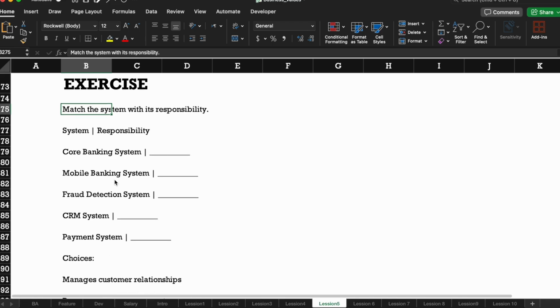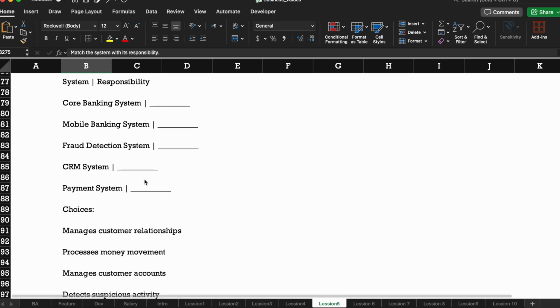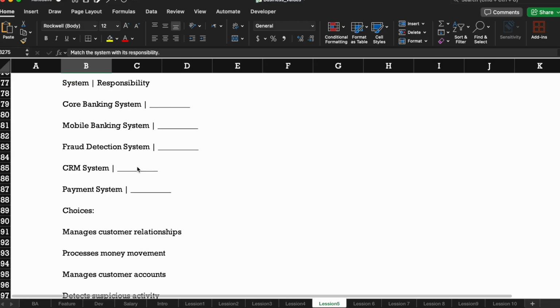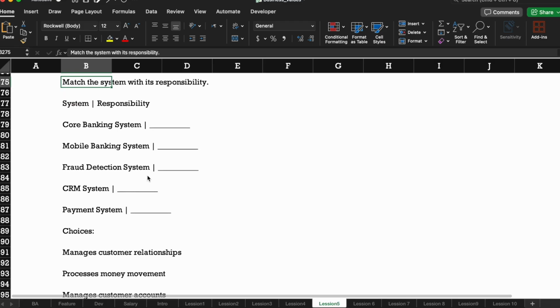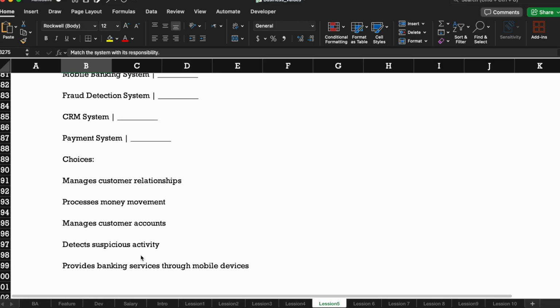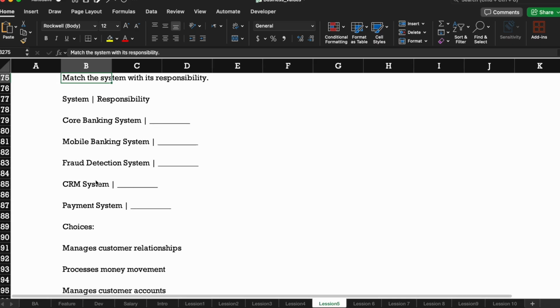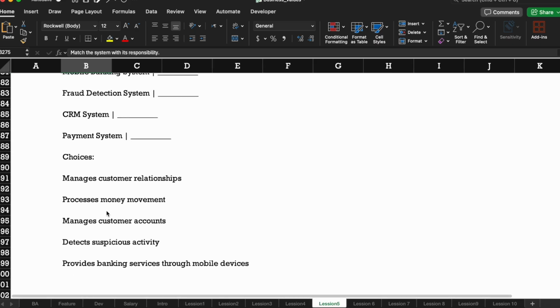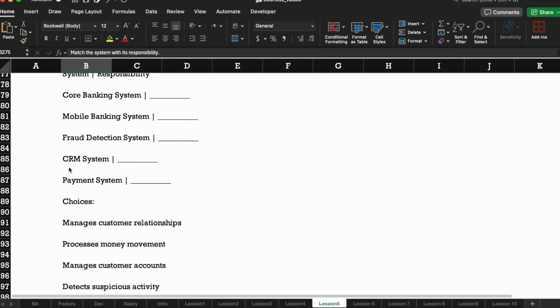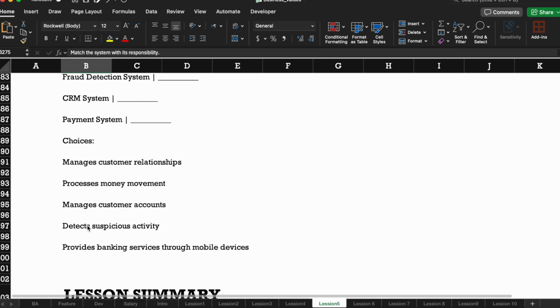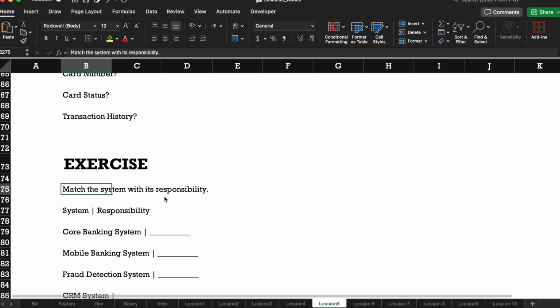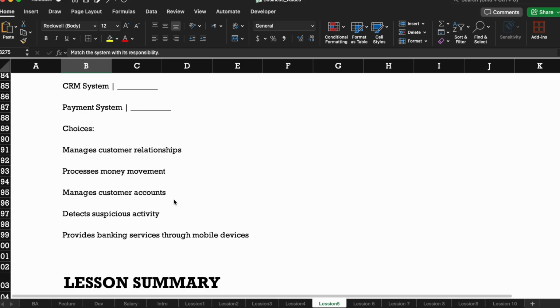What's the answer here? Mobile banking, you can find the right choices here. Fraud detection system, you can find the right choice here. CRM system, and you can find the right system here. Payment system, you can find the right choices here. Okay, so these are all from the above discussion.